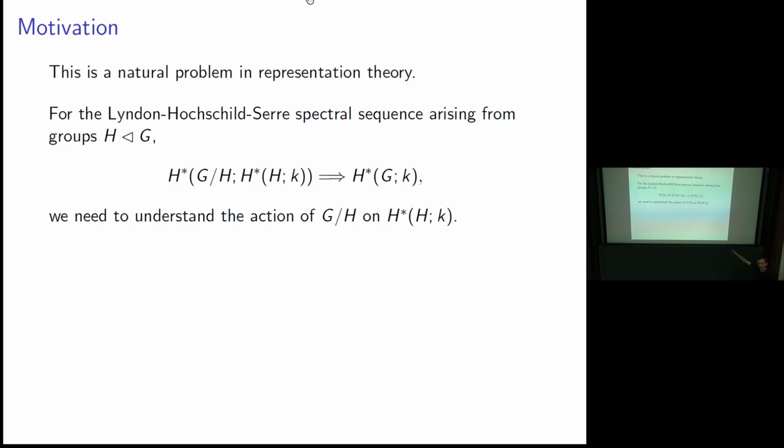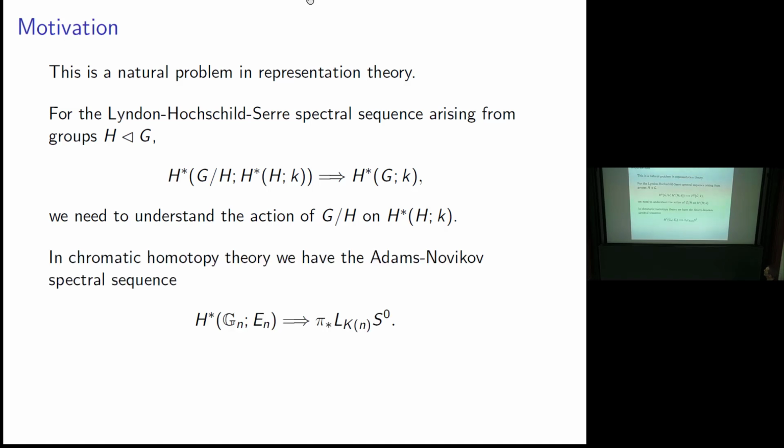And if you want to use this spectral sequence, you have to do the calculation for the action of G mod H on the cohomology of H in an explicit enough way that you can calculate this cohomology, and also you probably want to know what's left over of the ring structure, so some products. And it's not usually an easy problem.